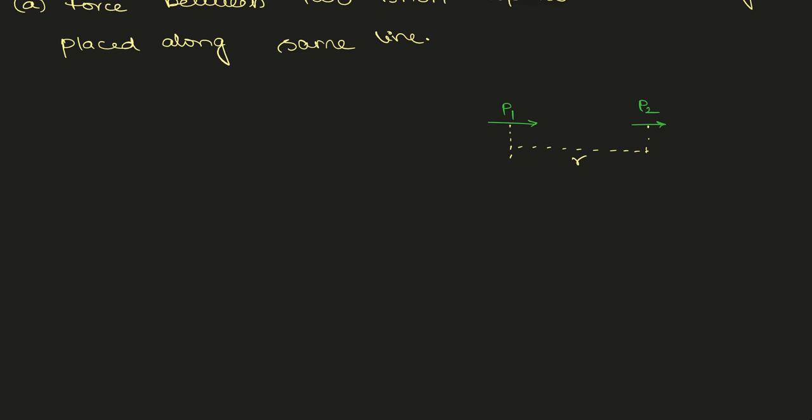Definitely due to P1 there will be some electric field. For P1 it is an axial point, so that electric field is given as 2kP1 by R cube, and it is in the direction of P2. As both are in the same direction, potential energy of the system will be equal to minus P2 E1, because it is a stable equilibrium position.